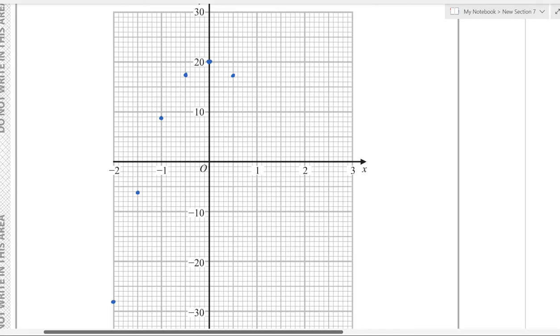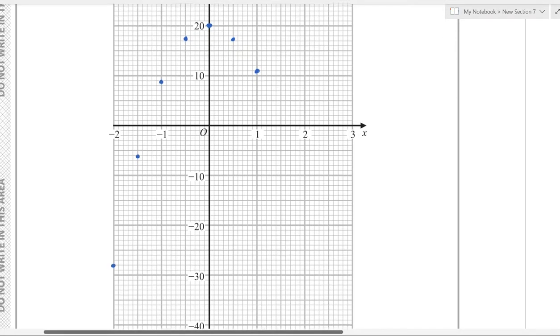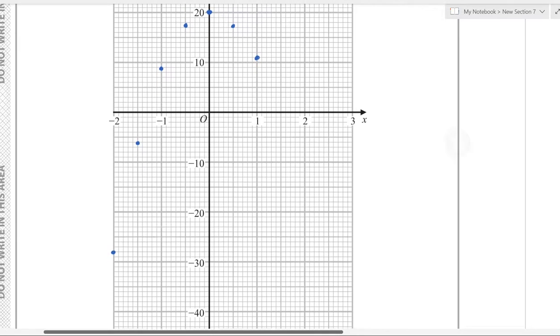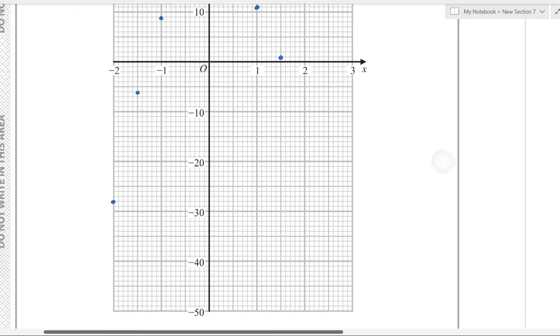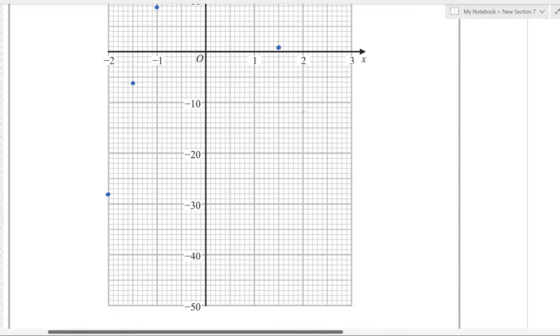At positive 1, you have a coordinate on y at 11, and at 1.5 you have a coordinate at 1, and at 2 you have a coordinate at -12.